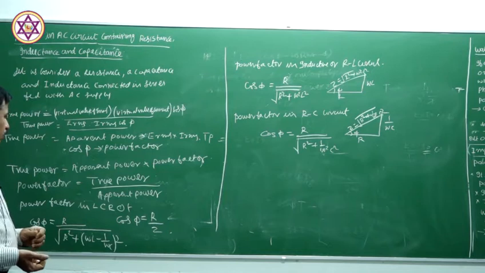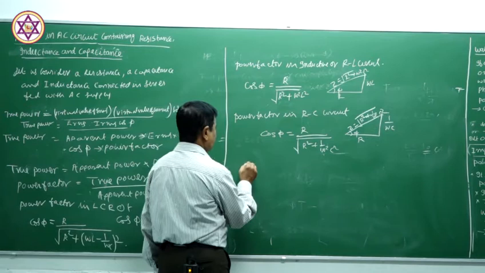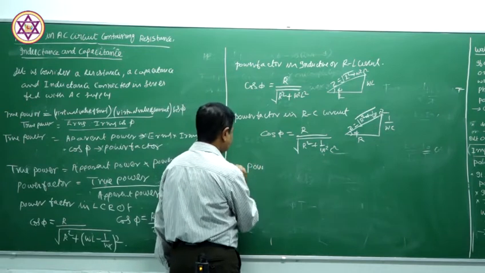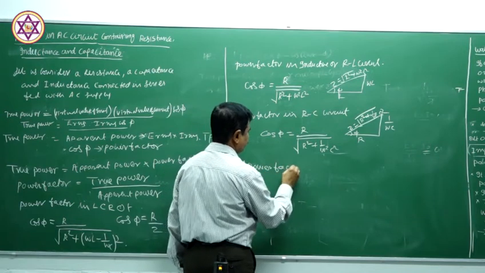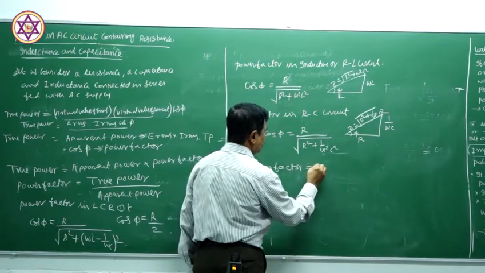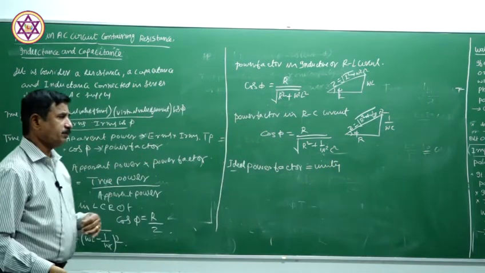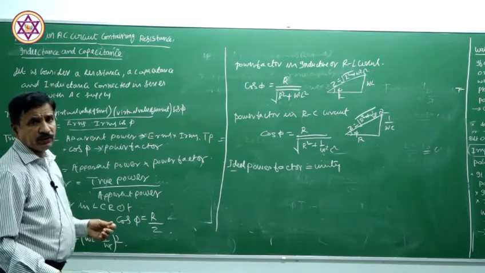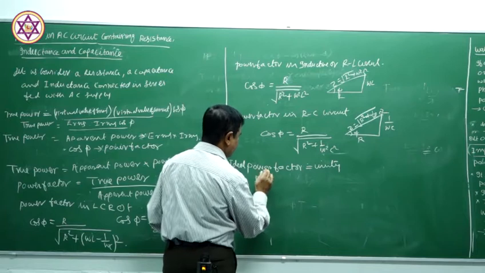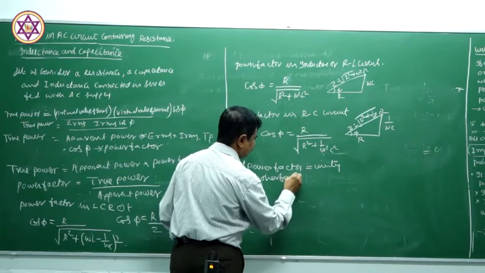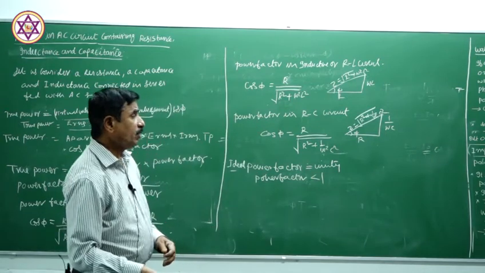The ideal power factor must be unity. When it is equal to unity, then maximum power consumption is possible. If it is not unity, if the power factor is less than 1, then what happens?